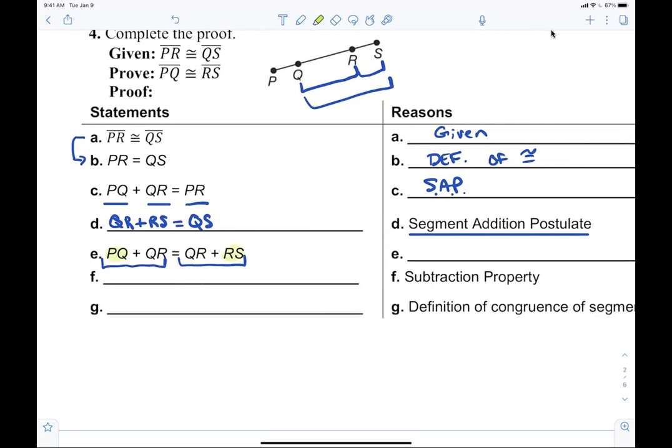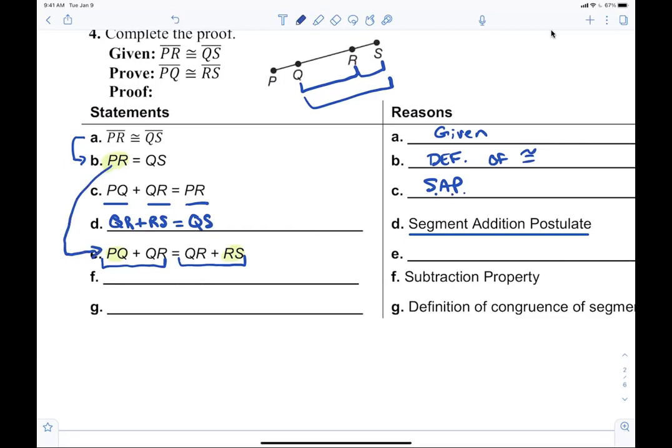No. All right, so now Maren, why is it substitution? Because PQ plus QR equals PR, and then QR plus RS equals QS. So PQ right here, this PR right now, again, it's a little unusual, but what does PR equal?